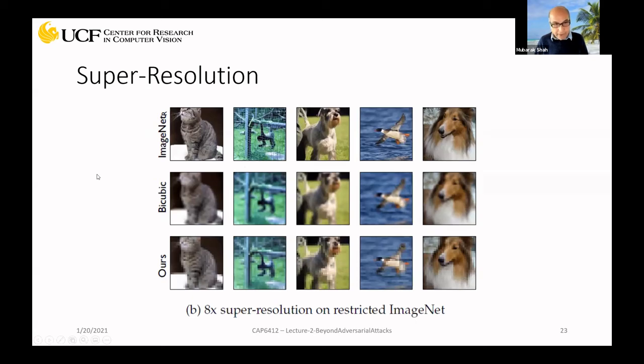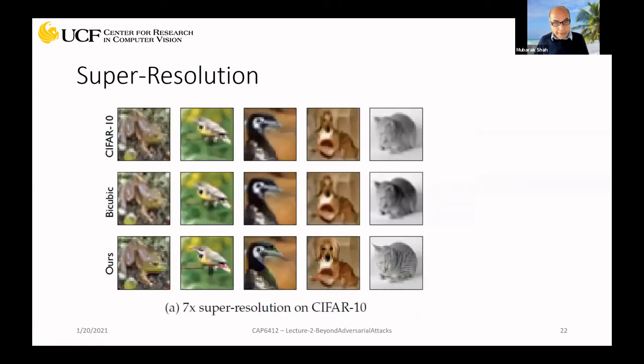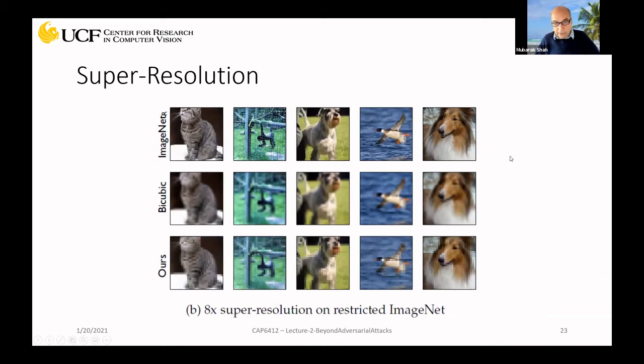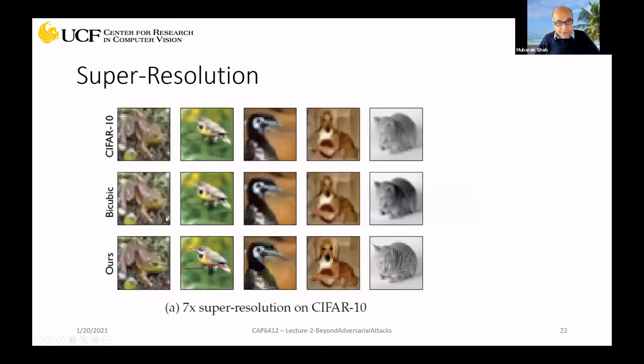Here we have the CIFAR original images. The second row shows the simple bicubic interpolation for super resolution. And this is using this robust classifier. It is increased by 7x.